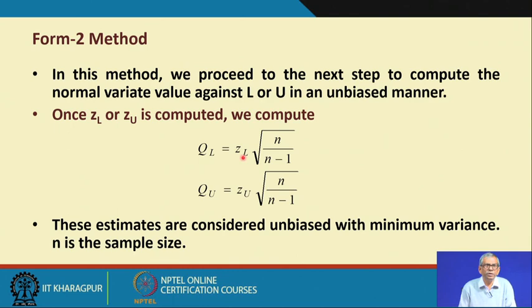Under the form 2 method, what do you do? In this method, we proceed to the next step to compute the normal variate value against L or U in an unbiased manner. What you might have noticed is that when we compute ZL or ZU, it may be a biased estimate. This concept of bias can be explained from different perspectives, but just make a note that ZL or ZU may be a biased estimate.